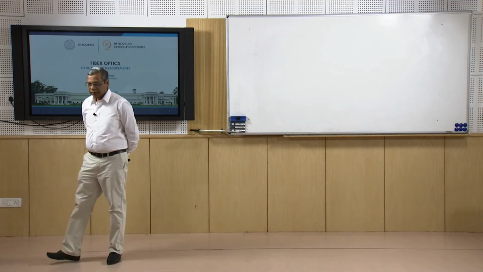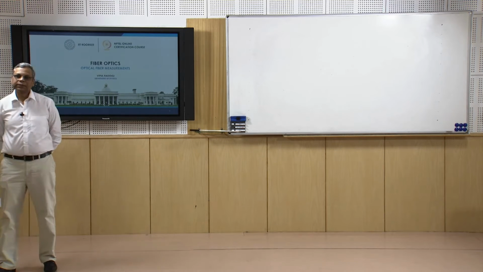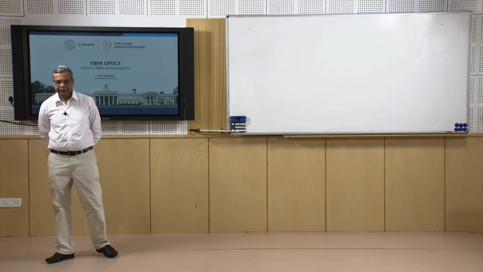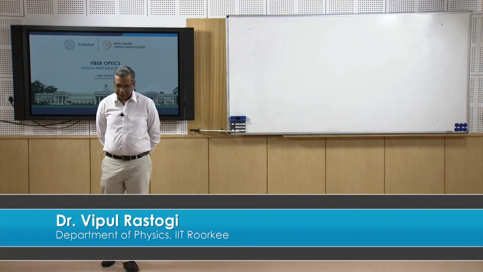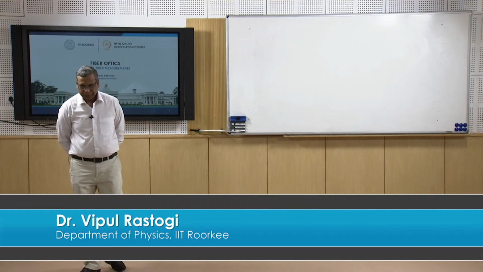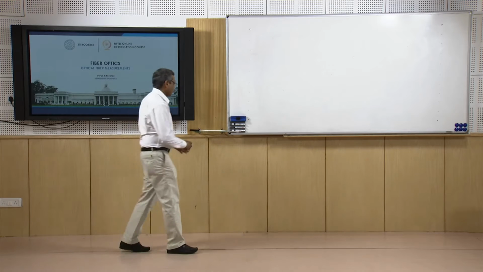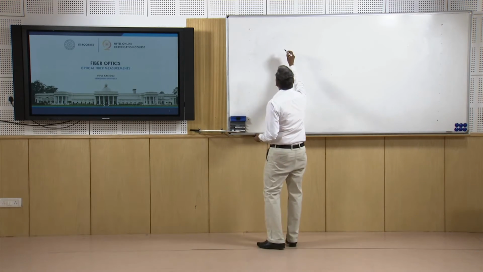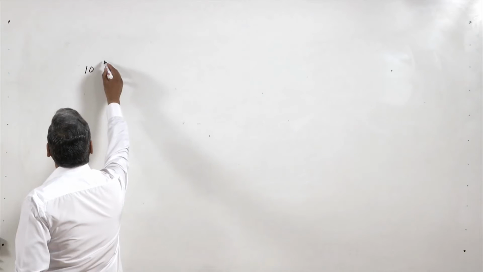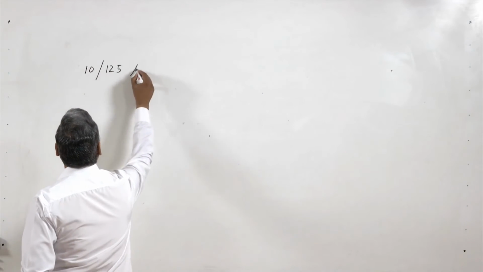Well, now it's time to carry out some measurements to understand the measurement techniques in optical fiber. When we have an optical fiber, usually it has a core diameter of 10 micron and a cladding diameter of 125 micron.